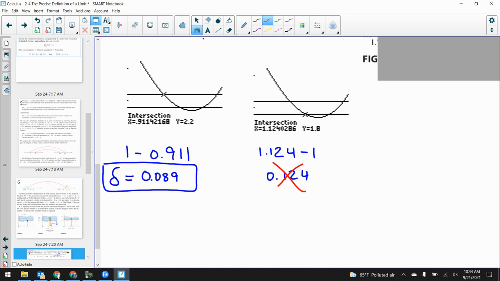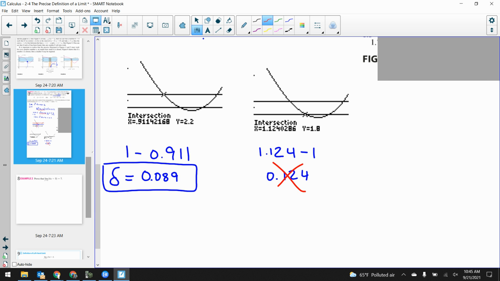Like if I chose my delta to be 0.124, I could go successfully on my one side, but on the other side I'm going to be outside of my epsilon range. I'm not going to be within 0.2 of 2 on the other side. So if I go on my smaller end, it's going to be just enough on my one side, and closer than I actually need on my other side. So I'm kind of hedging my bets a little bit. I want to be closer than I need to be, so I'm going to choose the delta that's closer than my other delta. Okay?